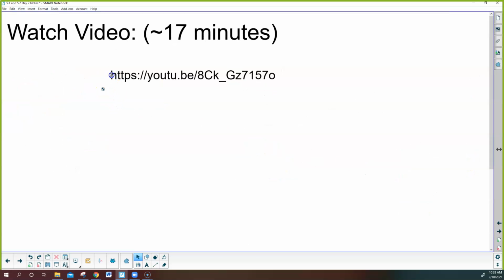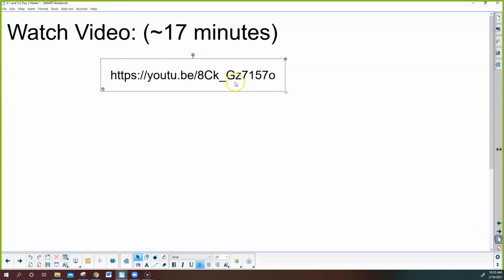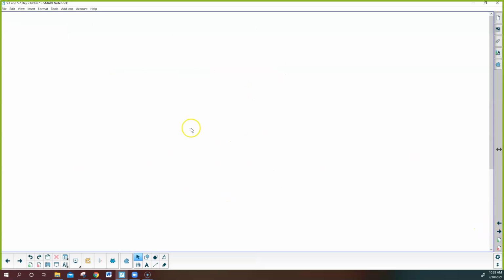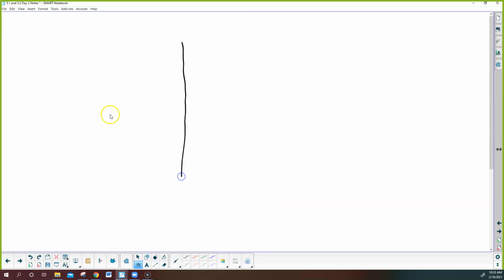Okay. I am going to show you one thing here quick that could be very helpful. I don't know if you want to write this down or not, but this is just a very quick review of the unit circle. You know what?